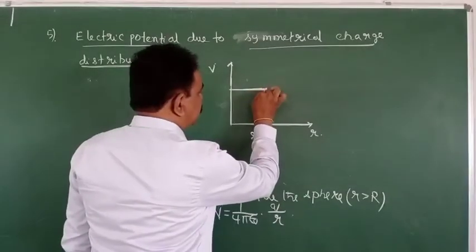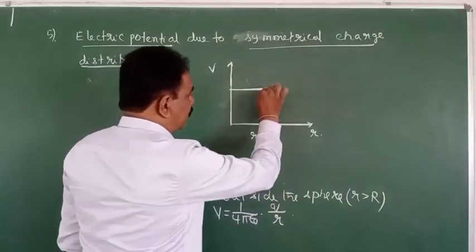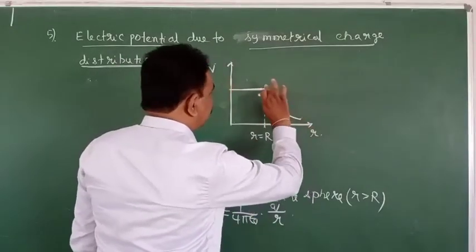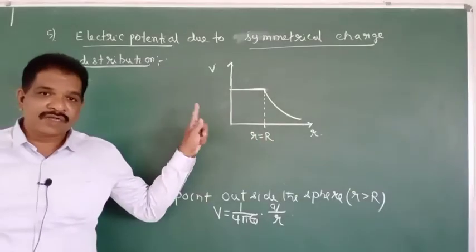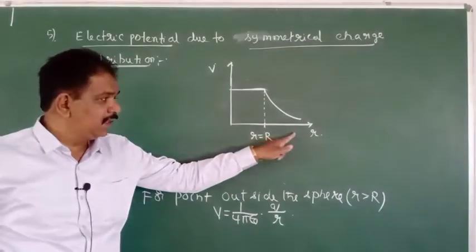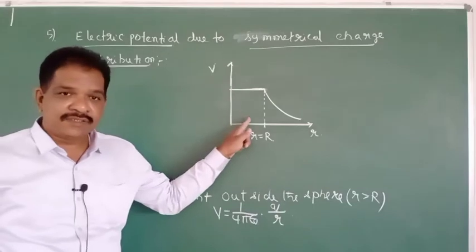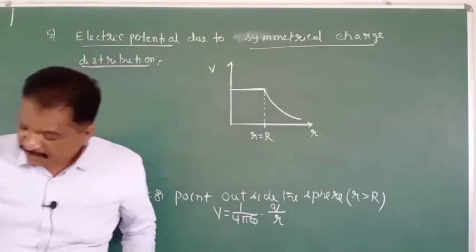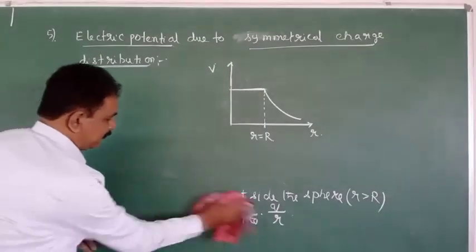After that V is proportional to 1 by small r, the graph shape will be like this. So for a conducting sphere, how potential varies with distance, draw the graph, this is the graph. Clear?